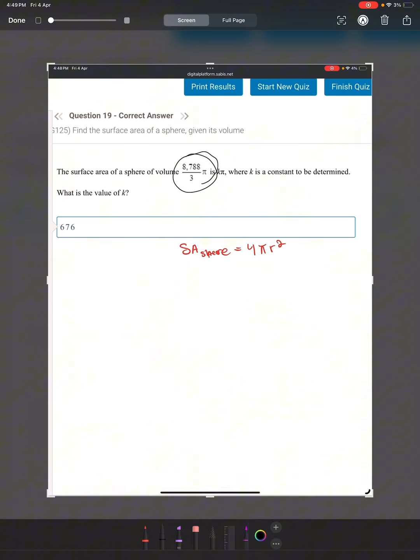So we're going to find the radius by using the volume of a sphere formula, which is 4/3 pi r cubed. The volume of the sphere they gave us is 8788/3 pi equals 4/3 pi r cubed. Cross out pi, move this to the other side.